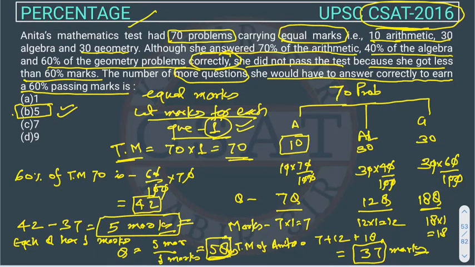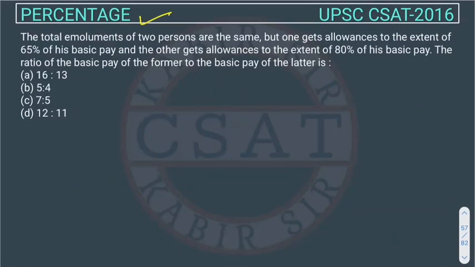Right. Thank you. This is a question of percentage asked in UPSC CSAT 2016. The question is: the total emolument of 2 persons is the same. So if there are 2 persons, X and Y, their salary or emolument is the same, right? So this salary and this salary are the same.